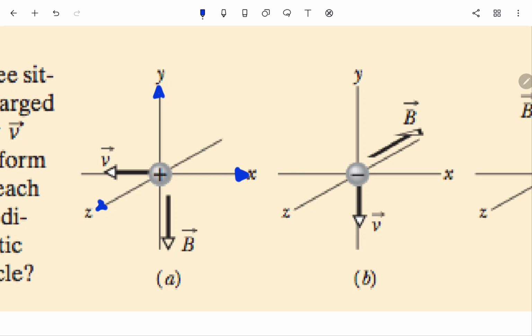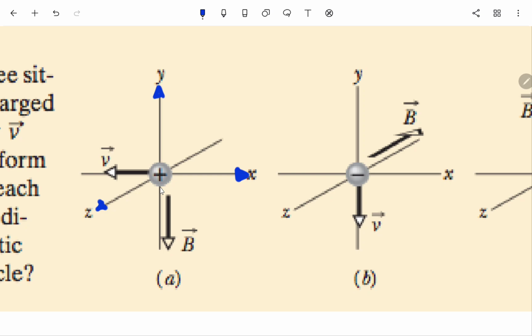Actually, it's like drawing it in a 3D style. It is a little bit pointing to the bottom left, but you know the positive z-axis should be pointing out of the page. So here, use your right hand rule to determine the direction of the Lorentz force. V cross B, and this one is a positive charge.